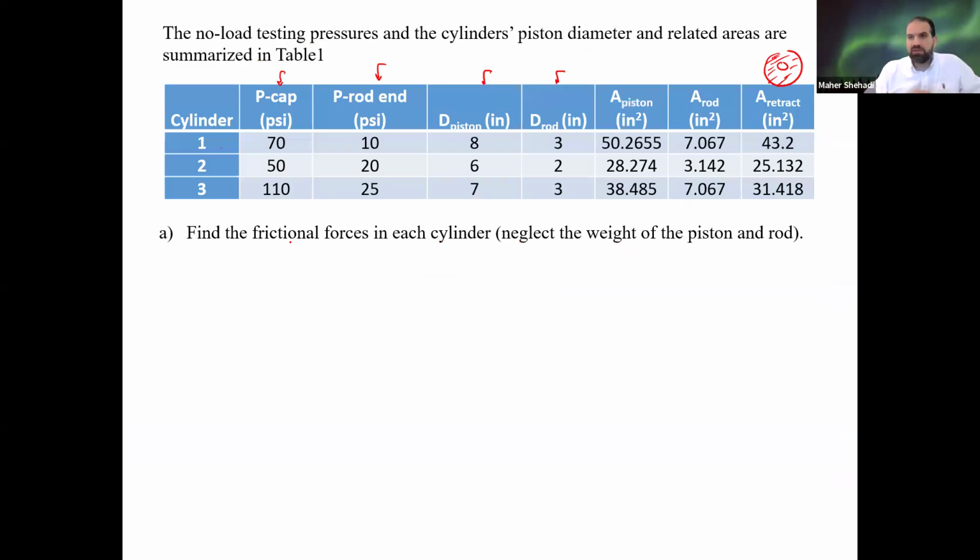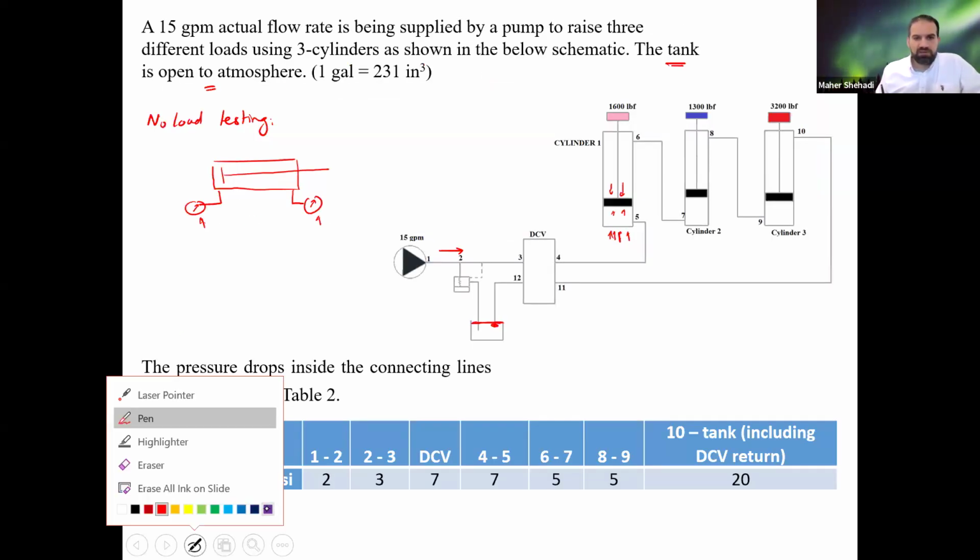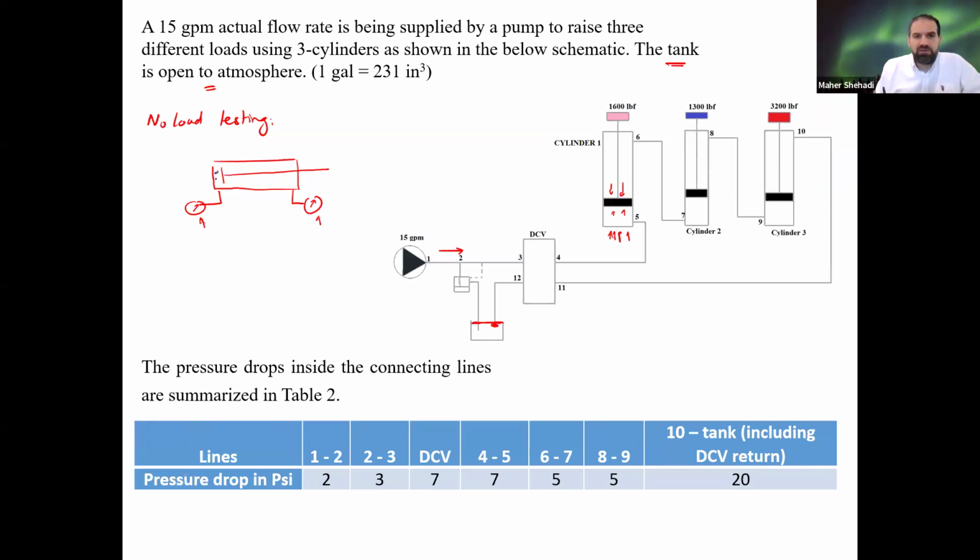We did a lab related to this concept in previous courses, and that's what we have here. We have the P cap side and P on the rod side. What that reveals is the pressure on both sides of the piston. So the difference will be used when you calculate the force. The difference between the two forces will give you the frictional force between the piston and the cylinder side.